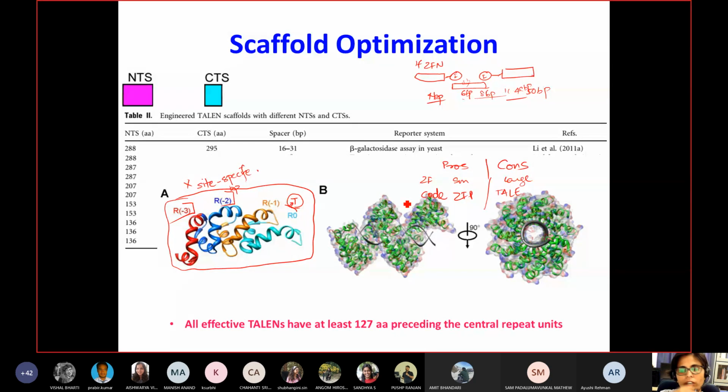These residues are very prominent, and although we say it is modular, sometimes if you have one residue at position 3, then in the next subsequent zinc finger repeat you cannot have certain amino acids at that particular position. Because of this complex nature of zinc finger nucleases, TALEN was much preferable compared to zinc finger proteins.